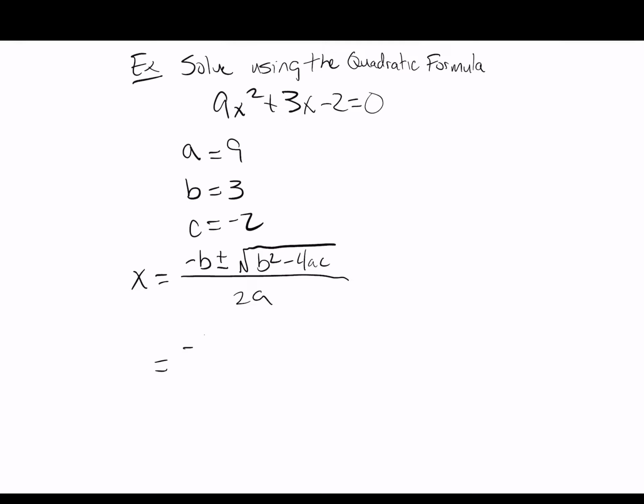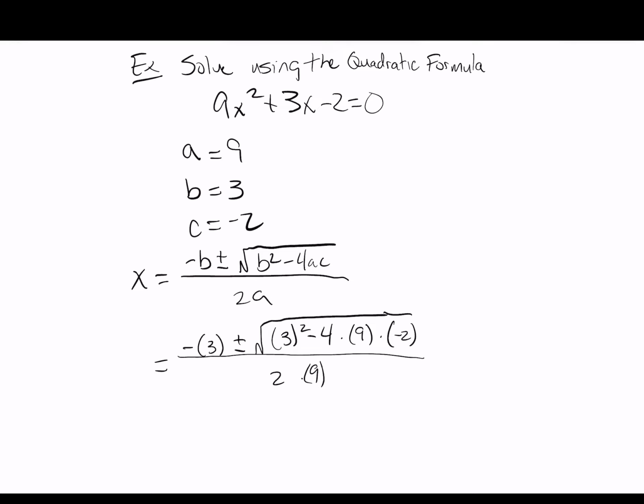So we have -3 plus or minus the square root of 3 squared minus 4 times 9 times -2, all over 2 times 9.